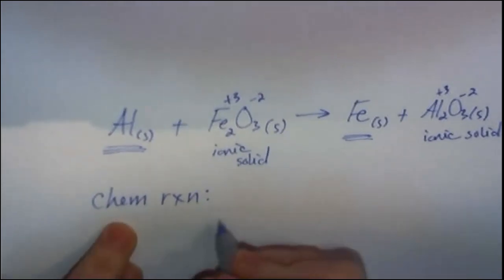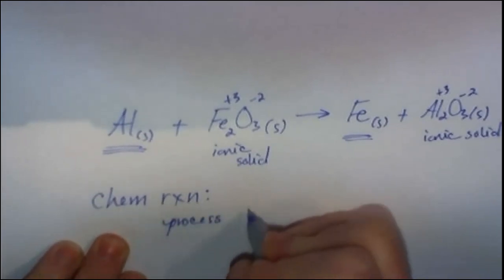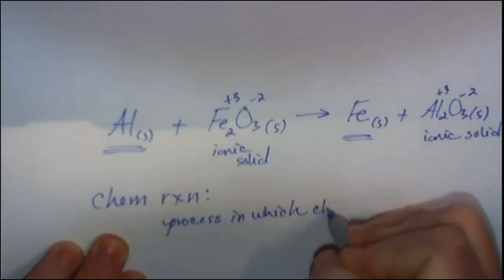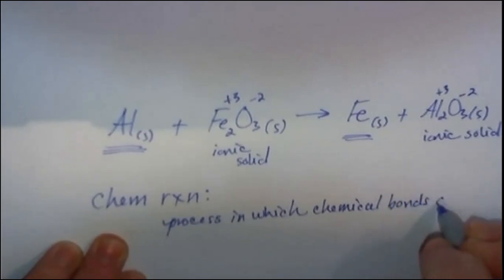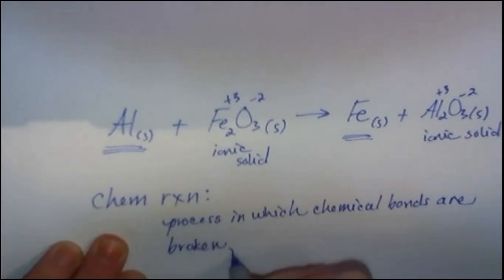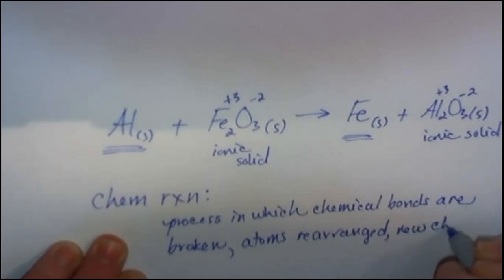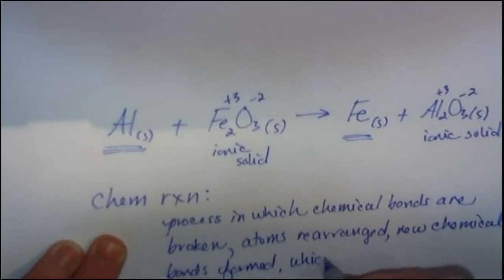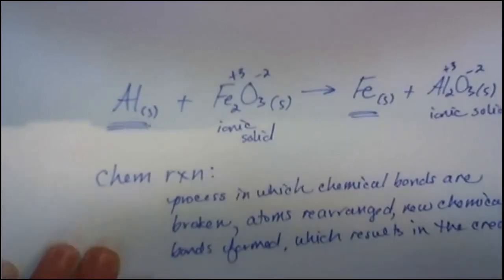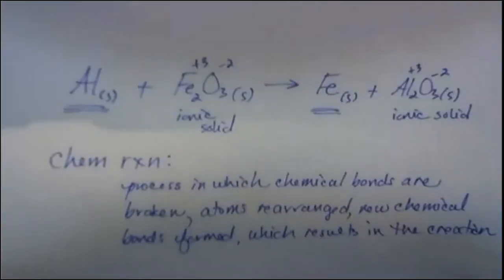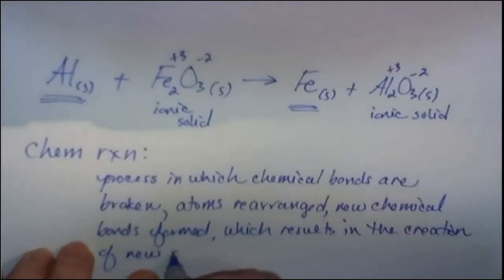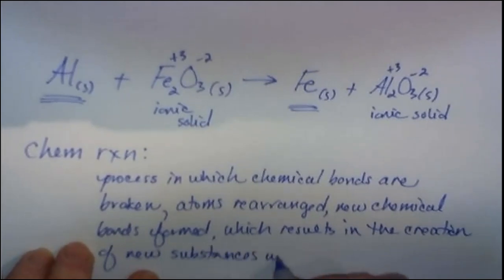But I think it's better to say a chemical reaction is a process in which chemical bonds are broken, atoms rearranged, new chemical bonds formed, which results in the creation of new substances with new chemical and physical properties.